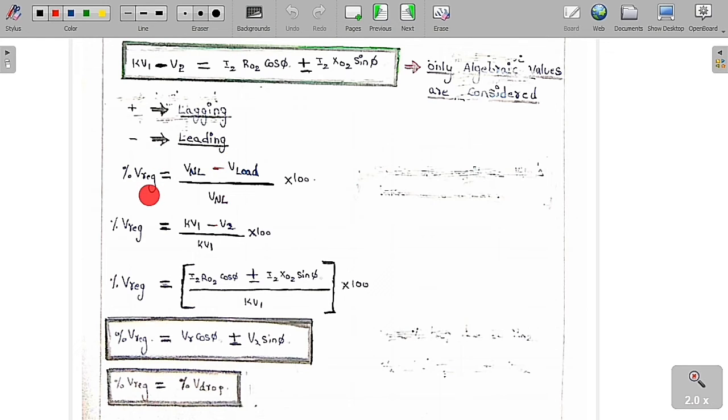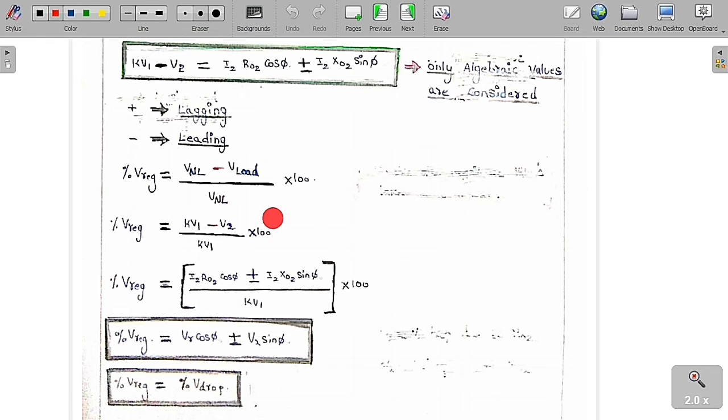So what is the voltage regulation? The percentage of regulation is equal to no load voltage minus load voltage, by no load voltage, into 100. The no load voltage minus load voltage is nothing but the drop across RO2 and XO2, which is K into V1 minus V2 by K V1 into 100.